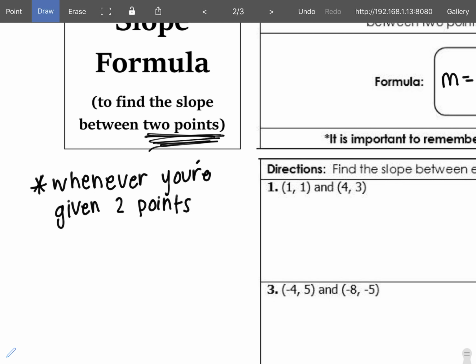Without me even asking, I'm not going to say find the slope. You're going to have to dive even deeper into it. If I give you 2 points and tell you to find a line that matches those 2 points, don't worry, we're not there yet. But you have to know first, you have to find the slope. So whenever you're given 2 points, find the slope first.